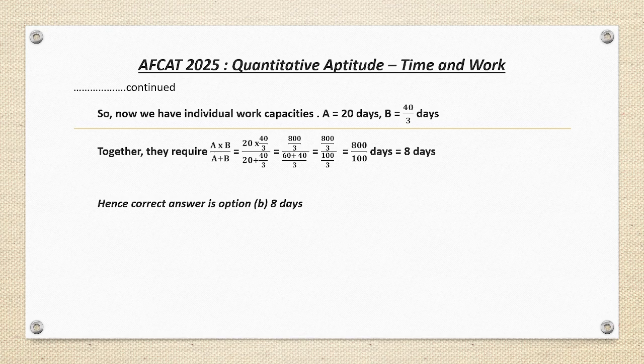It is 20 into 40 by 3, whole divided by 20 plus 40 by 3. The numerator is 800 by 3, the denominator is 60 plus 40 divided by 3. Both fractions have denominator 3, so we can remove that 3. It becomes 800 by 100, which is 8 days. So together they can complete the work in 8 days.